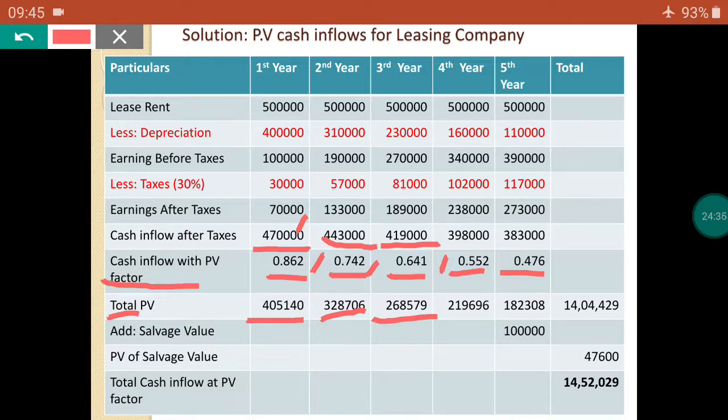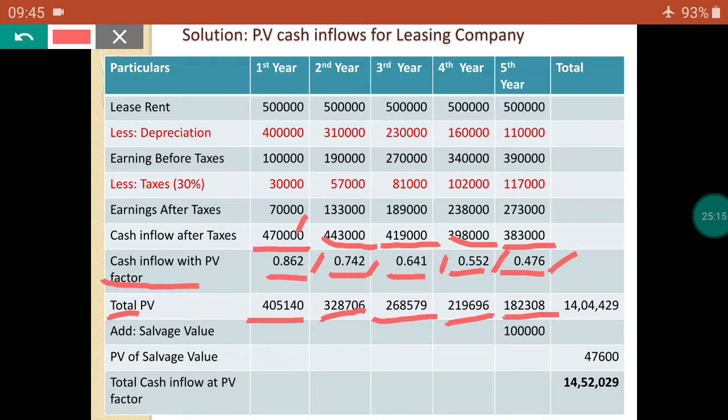Next, fourth year cash inflow after taxes is 3,98,000 into 0.552. You get a PV of 2,19,696 rupees. And next, fifth year, the cash inflow after taxes is 3,83,000 rupees into 0.476, equal to 1,82,308 rupees.